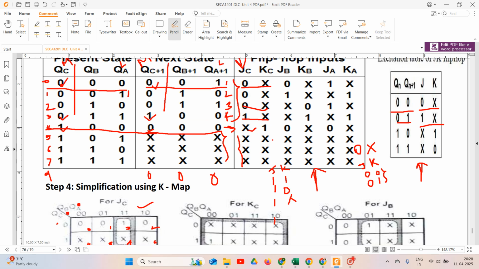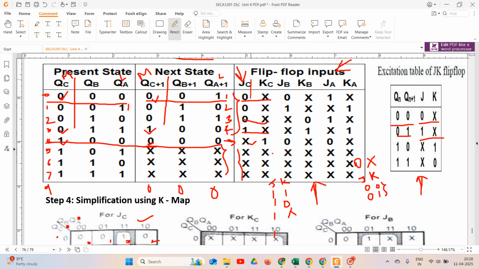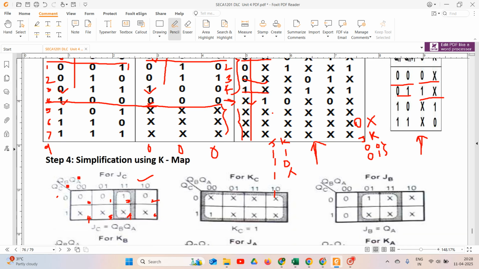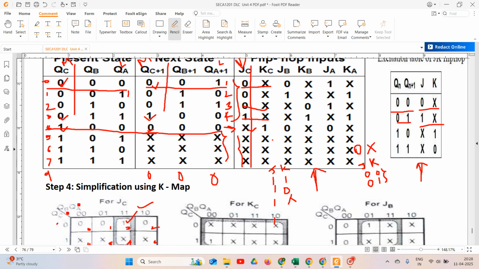Right? First you have to plot the K map. After that, see only this column. This is my 0 1 2 3. Wherever I have 3, I have to put 1. Where is our 3? Here, so I have written 1. For the remaining 4 5 6 7, I have written don't care, because we are getting don't care at the input conditions of JC, right?